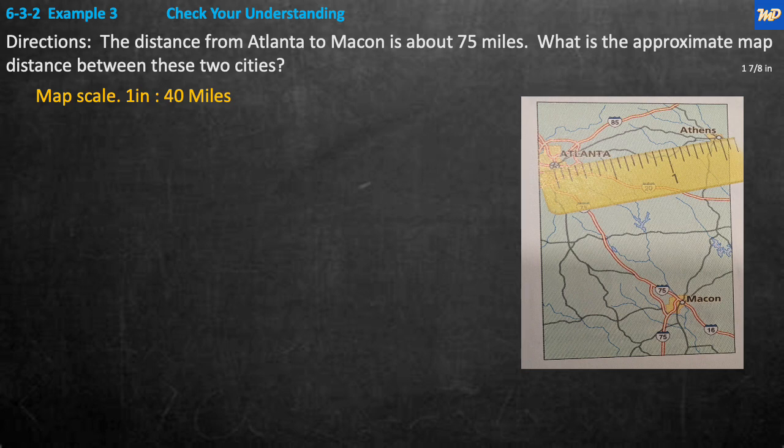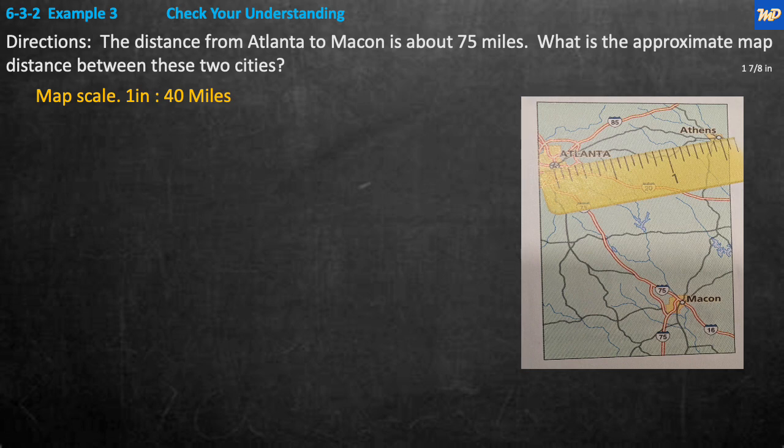So we know it's 1 inch. In fact, I wrote this onto the slide here from the previous slide so we would remember it. This time we want to find inches on the map. And what have I been saying? Put the units that you want on top in the numerator.